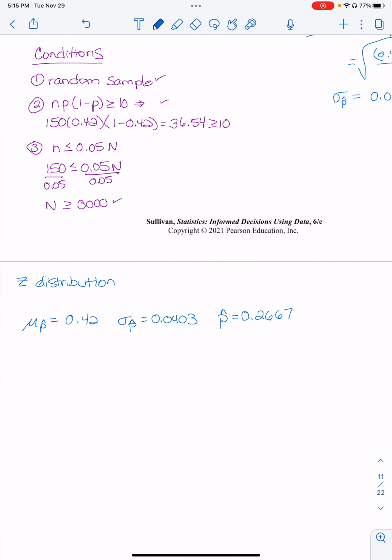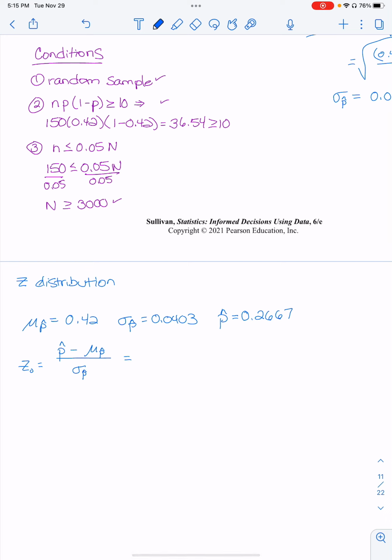So I can calculate a z naught, which is what I'm going to use to test my null hypothesis, and that's equal to my sample proportion minus my distribution mean for the proportion, divided by the standard deviation for my sample.